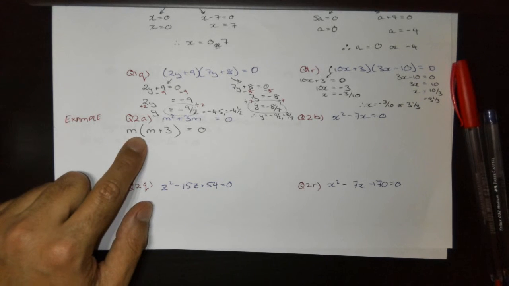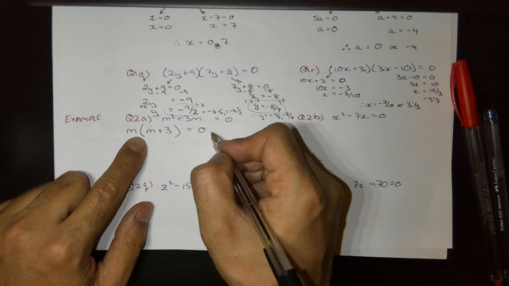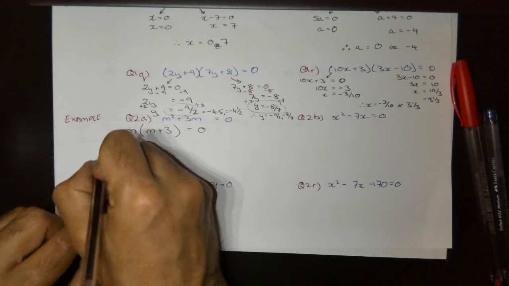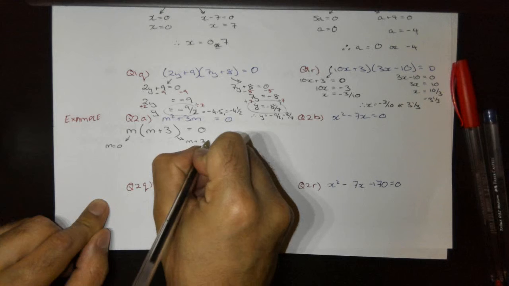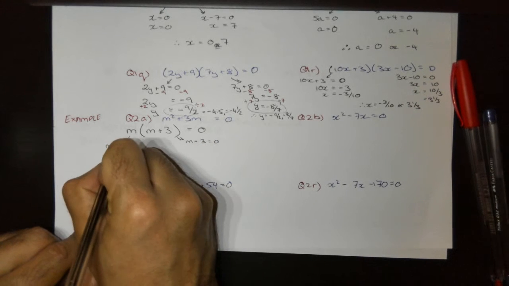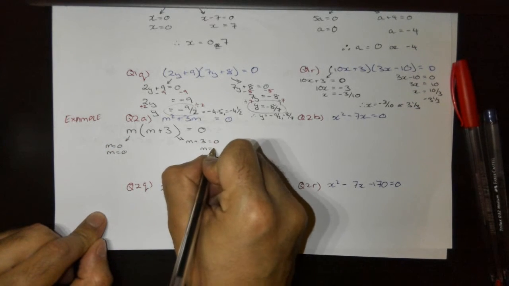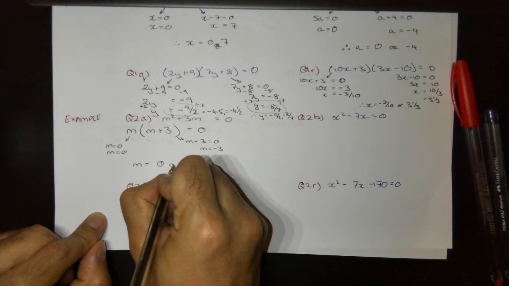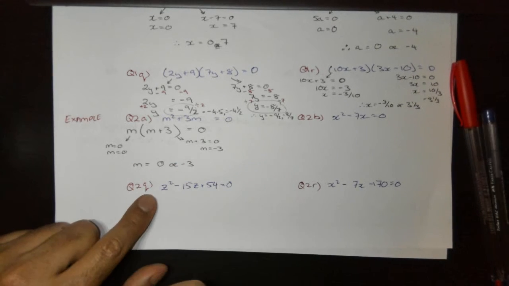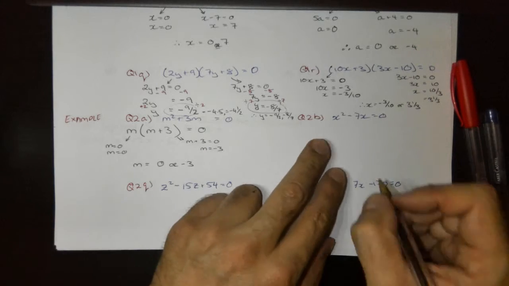That equals 0. So if I can get to this step, I can now say m equals 0, and m plus 3 equals 0. So that's still 0. Subtract 3 from both sides. So m is equal to 0 or negative 3.